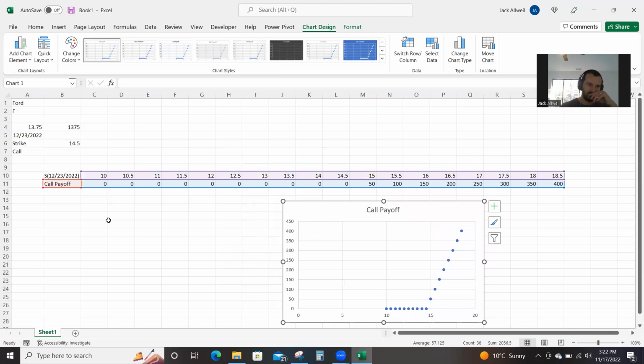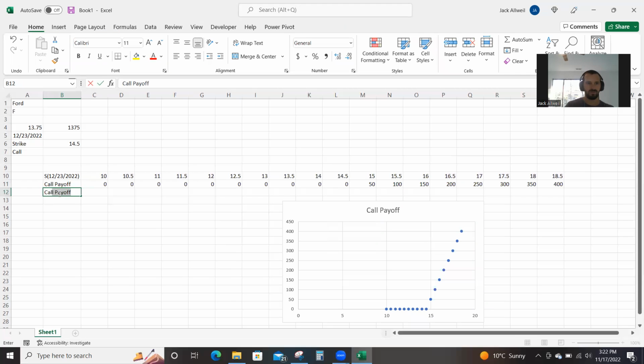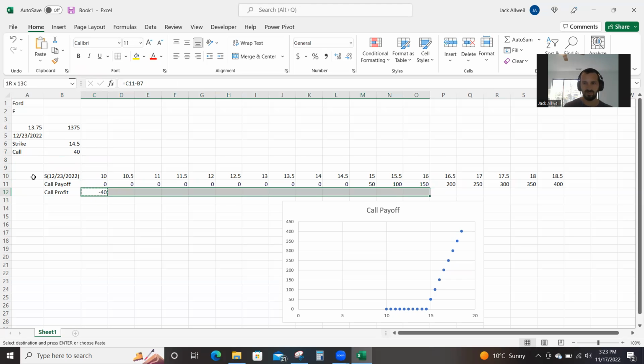And then what would the profit be? Well, that is just the payoff minus the price of the call, which I didn't actually give. So let's say the 14.50 call is 40 cents, and we times it by 100. So it cost us $40 to enter that call. So we're just shifting the payoff down by $40.